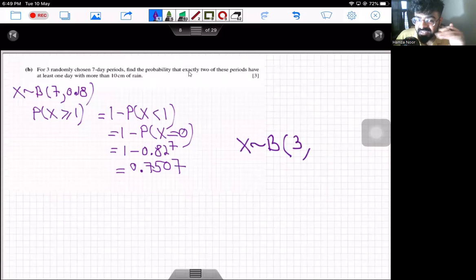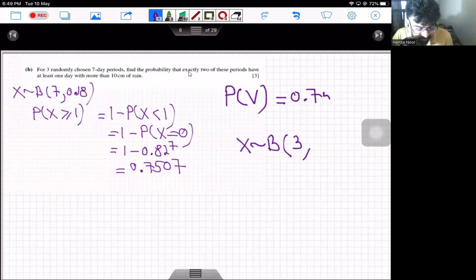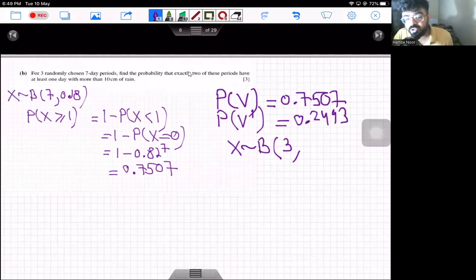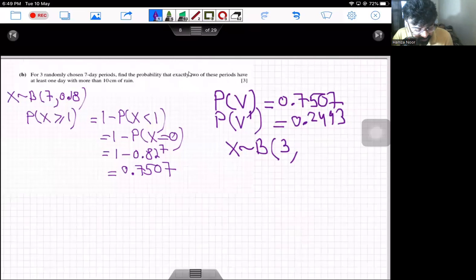Okay, so let's say that the event that at least 1 day has more than 10 centimeter of rain is known as V. So we can say that the probability of event V is 0.7507, and the probability of event V not happening, event V complement, would be 1 minus 0.7507. So the failure would be 0.2493. So we can say that X follows a binomial distribution with the number of trials 3, and the probability of success is 0.7507.